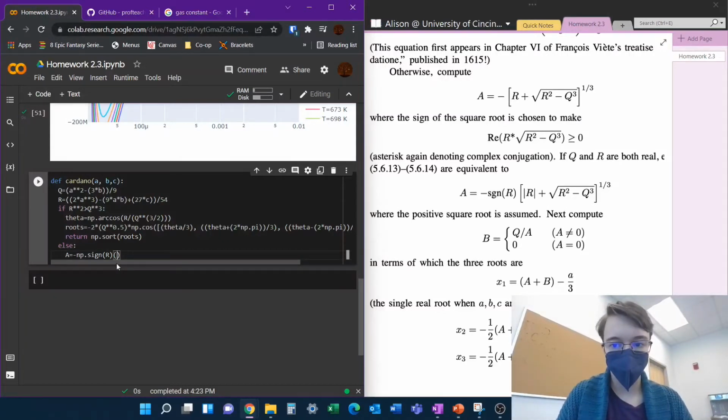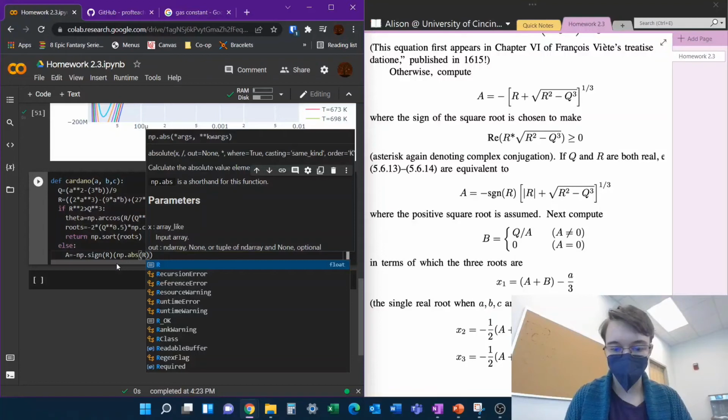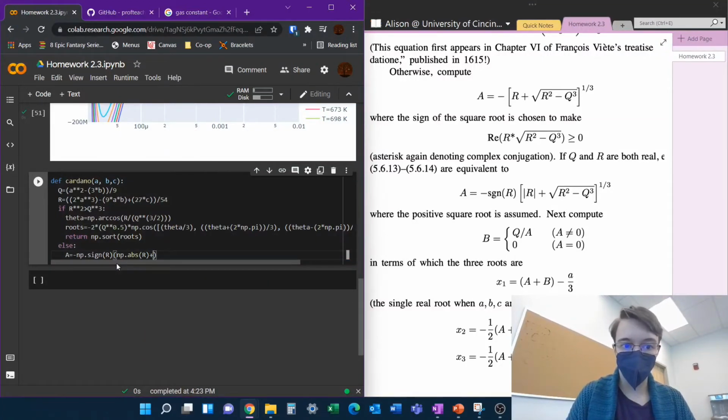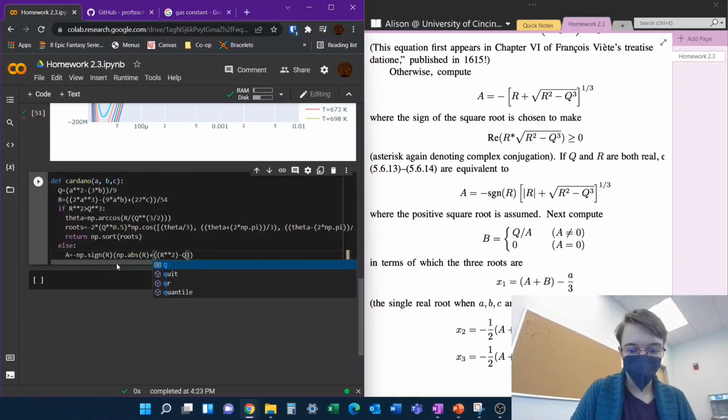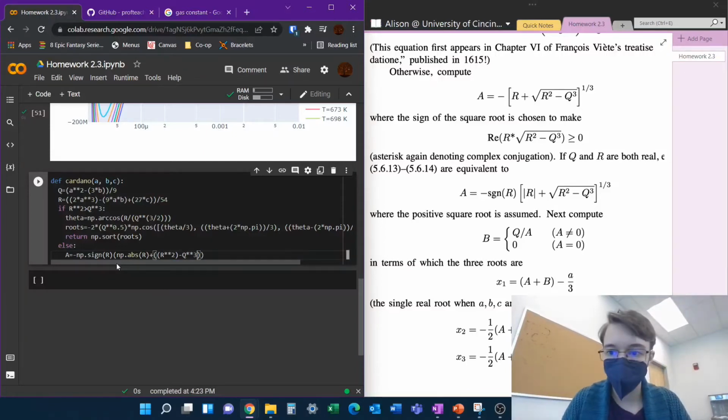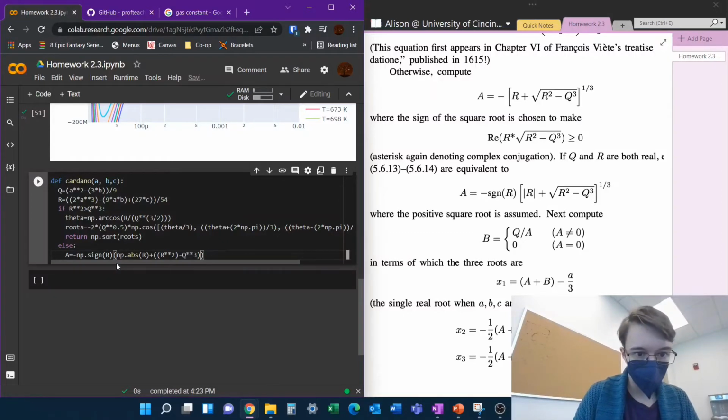Times np dot absolute, so that's going to take the absolute value of r, and then add that to r squared minus q cubed, and then let's have another set of parentheses around that one.